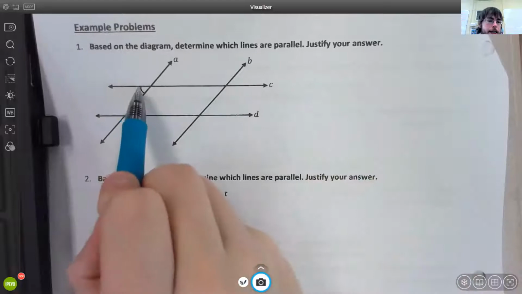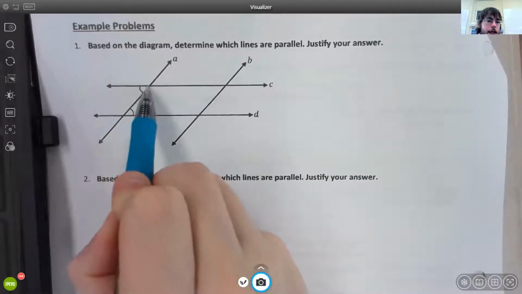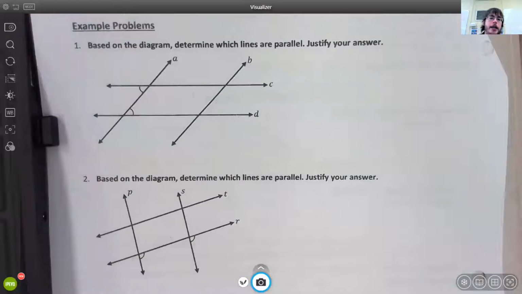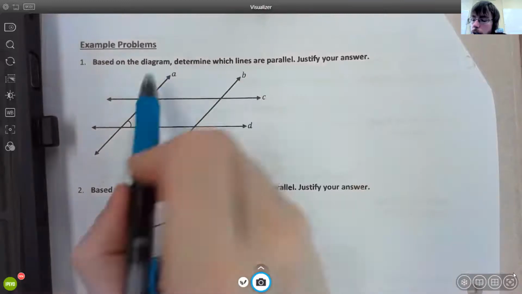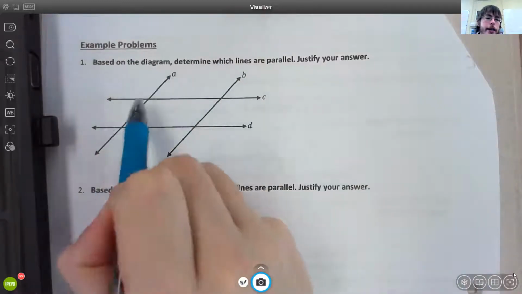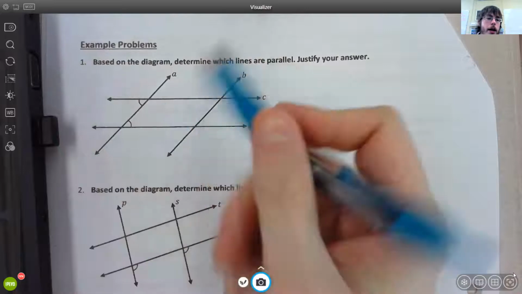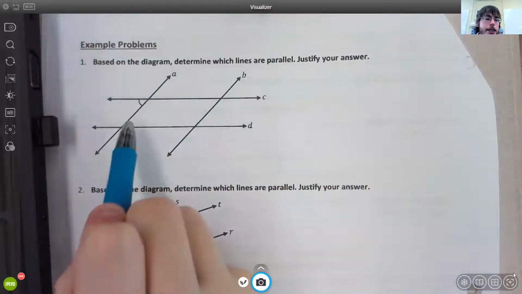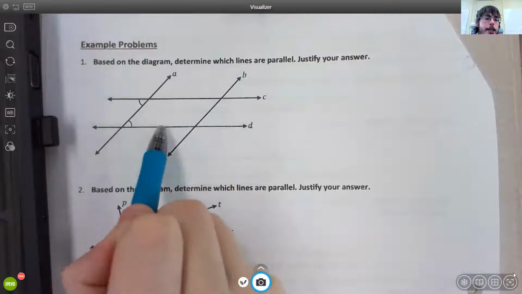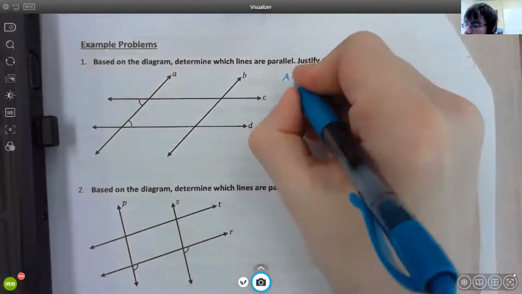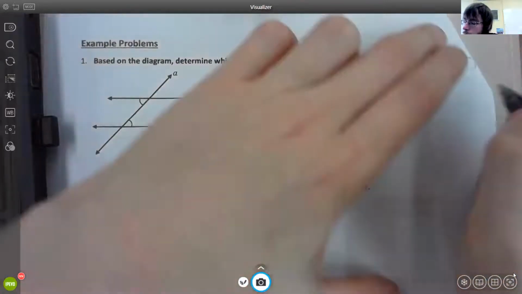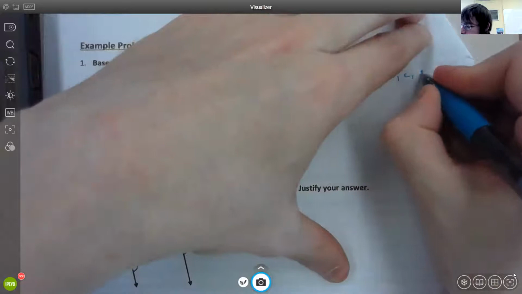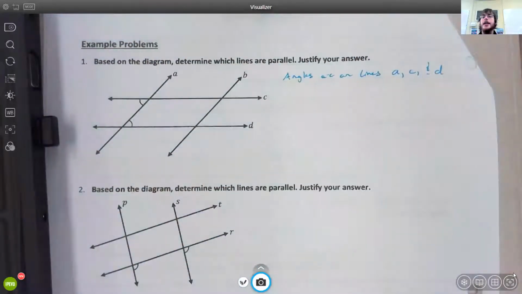You can see that this side and this side are part of line A and line C. So this angle is attached to lines A and C. And here this angle is also attached to line A, but it's attached to line D. So the angles are on lines A, C, and D. The next thing you want to do is identify which one of these is your transversal.